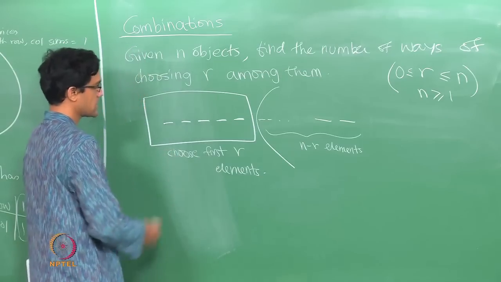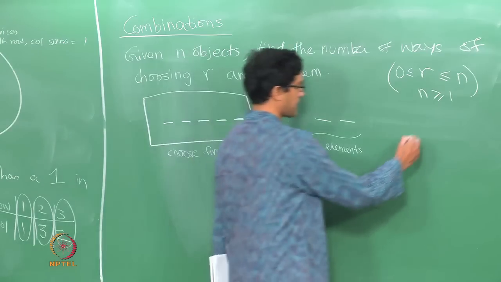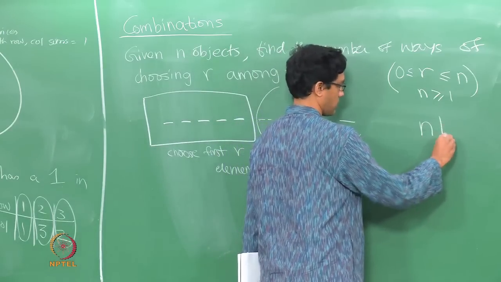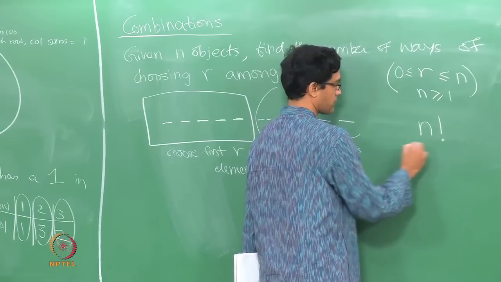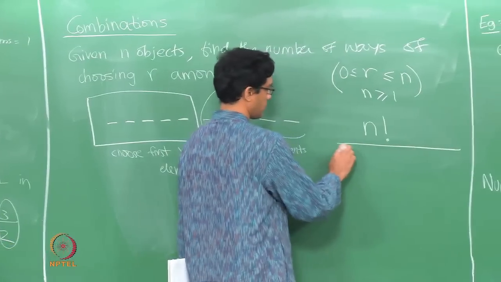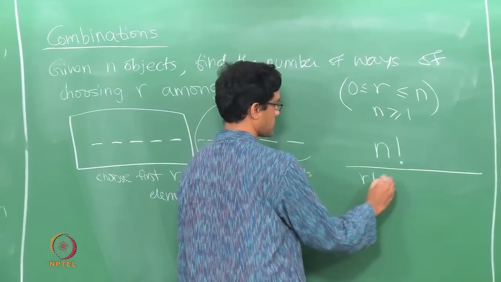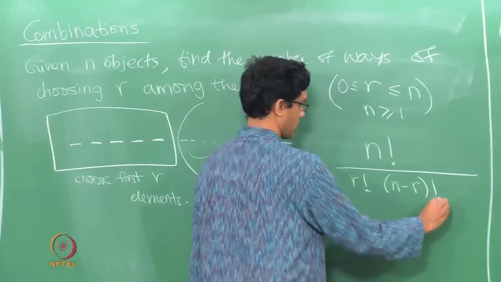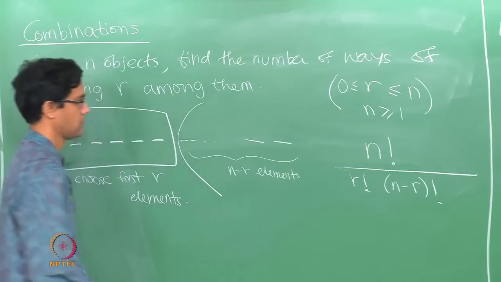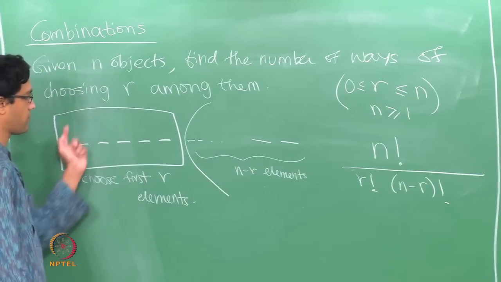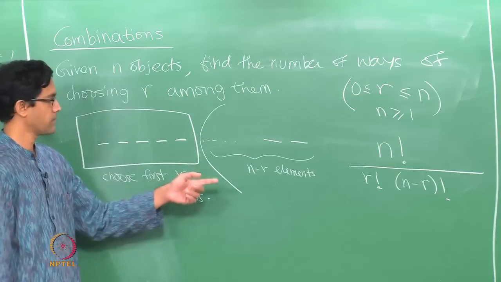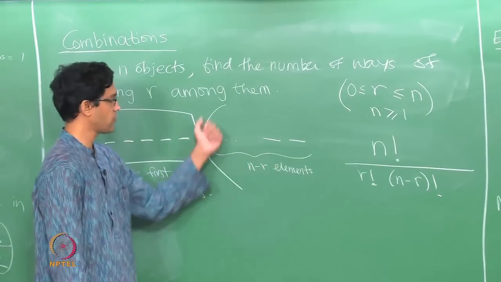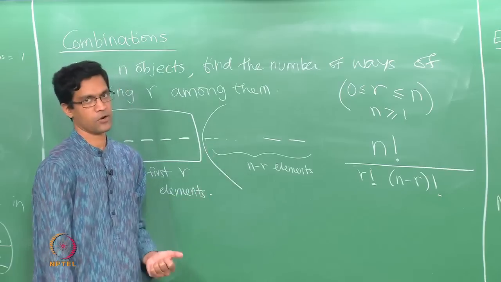So what this argument says is that, well, you have n factorial permutations in all, but out of those, R factorial times n minus R factorial give the same choice. R factorial is the number of permutations of these R objects, n minus R factorial is the number of ways of permuting these n minus R objects.